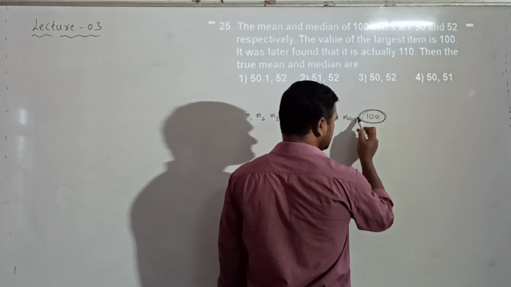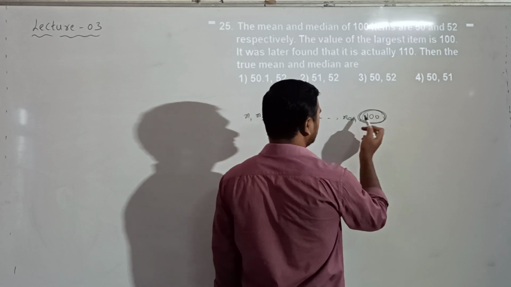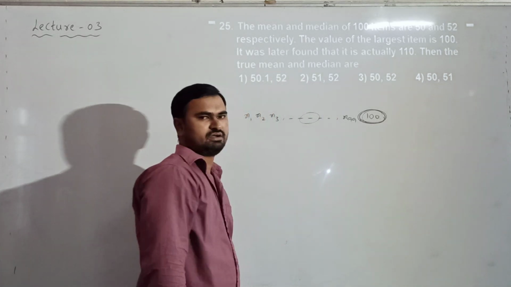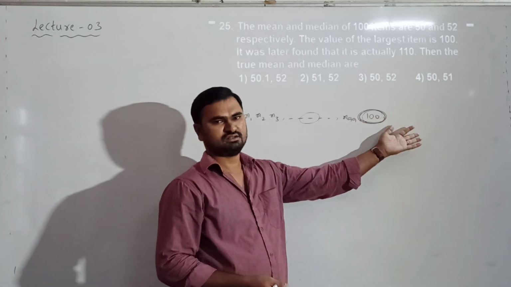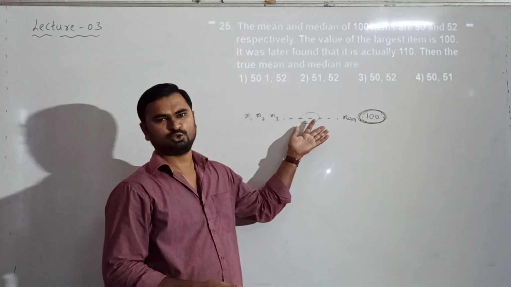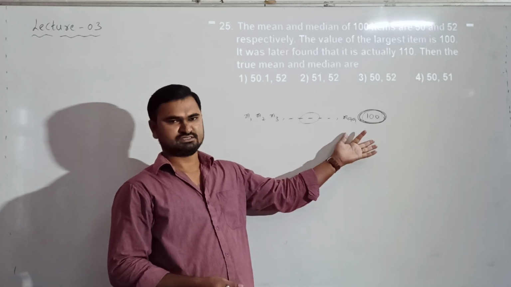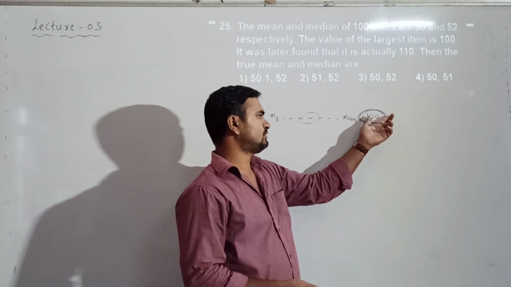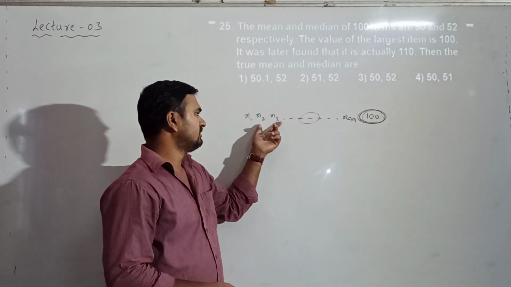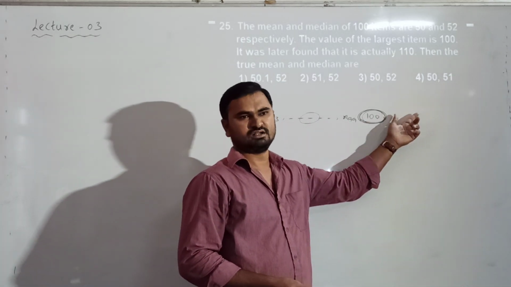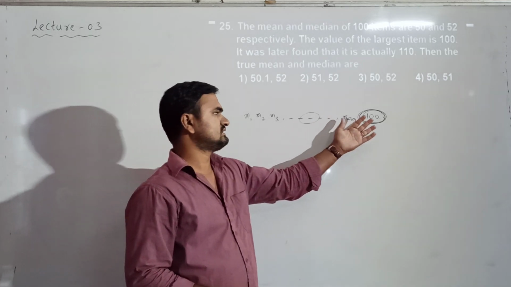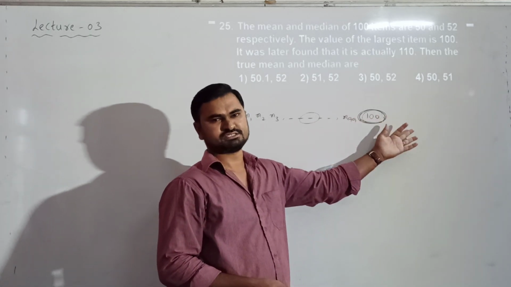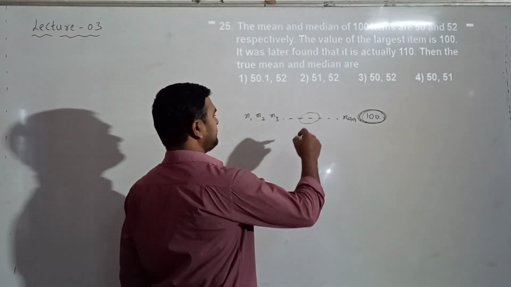Now whether this largest item is 100 or 110, will it change the middle term value? No, the middle term will not change, because whether you take 100 or 200, since we are arranging them in ascending order, it will not affect the middle term value. So when we change the greatest term, the median remains the same.